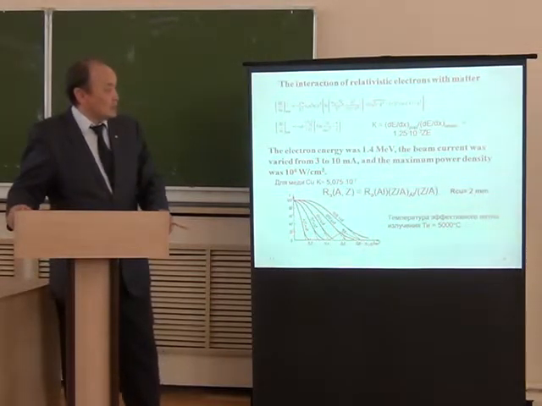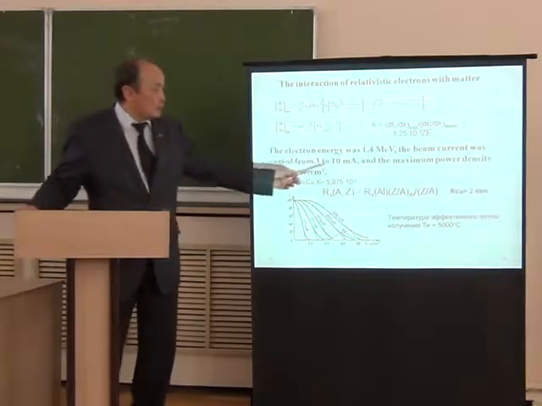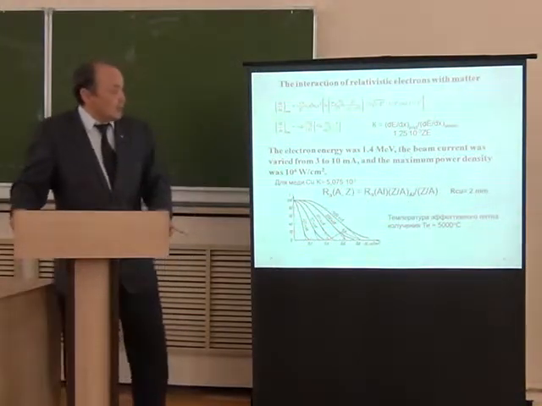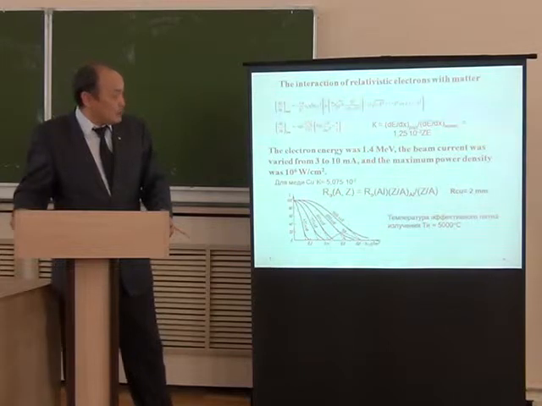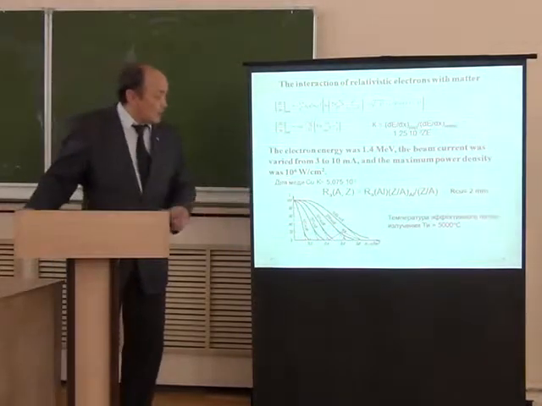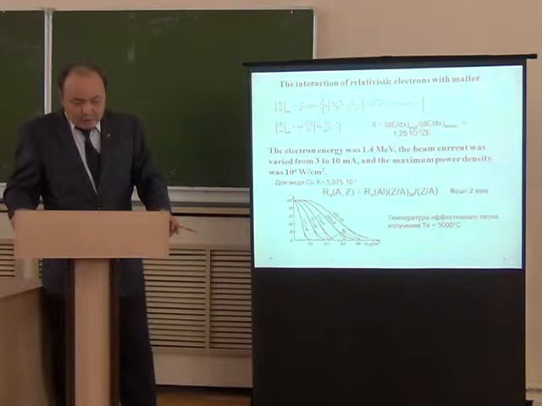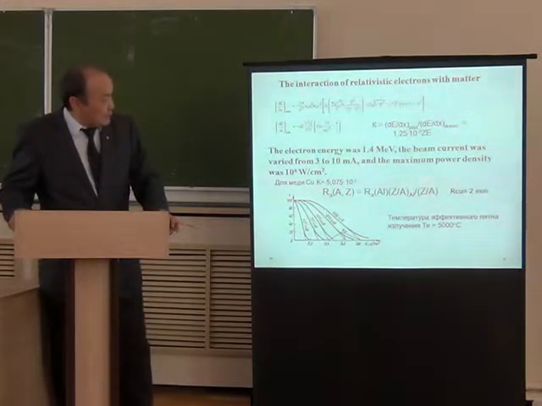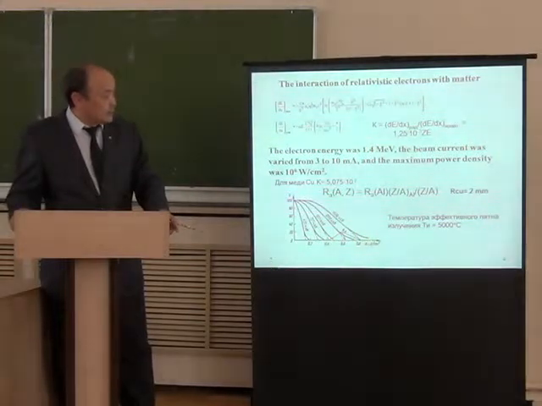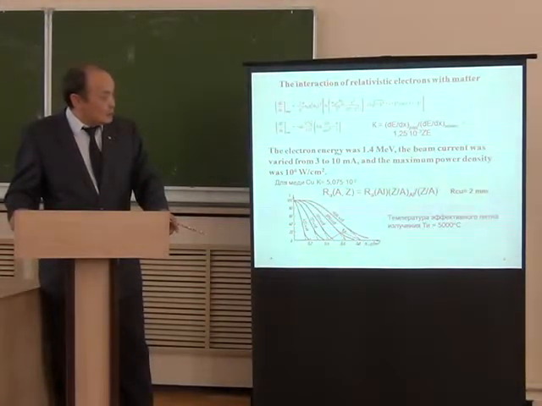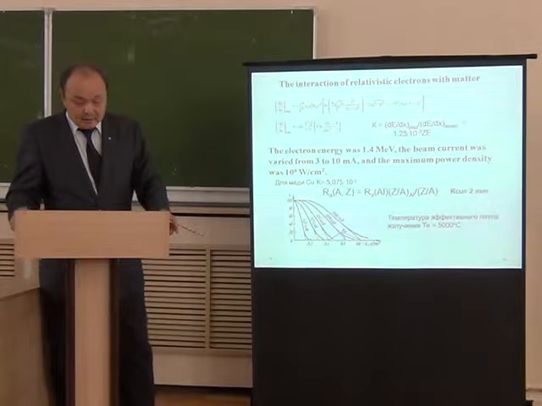The beam current was varied from 3 to 10 milliamperes, and the maximum power density was 10 watts per square centimeter.